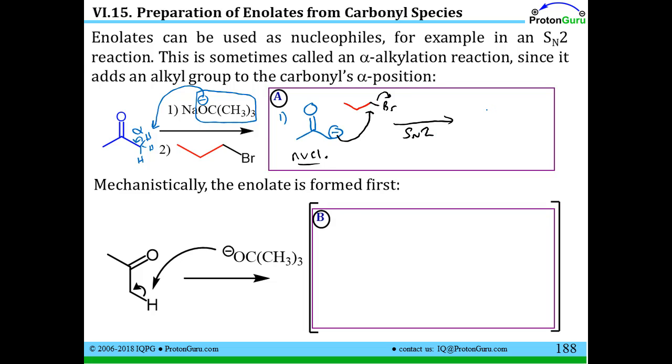This will lead to the species shown here, having a bond from this carbon, which was the alpha carbon, and we have 1, 2, 3 carbons in a chain that came from this propyl bromide, or 1-bromopropane. So attach to that. And this is our product, a ketone with an extended chain.